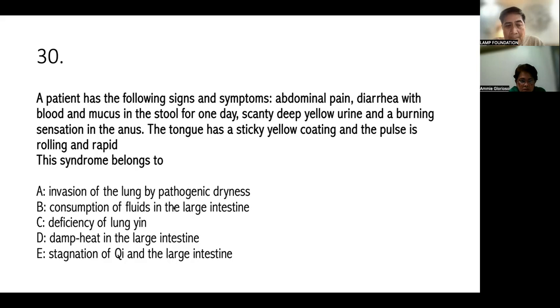Ito na po yung damp. Okay, very easy. Thank you very much. Study more. Bawal po dito ang medyo half-baked. Okay? We all want you to be very good. Ine-expect na magagaling kayo. Okay po, Doc.